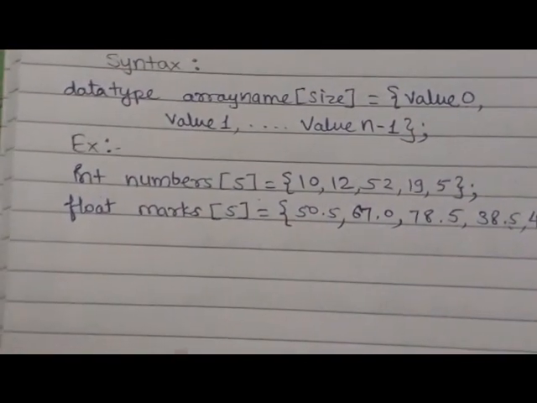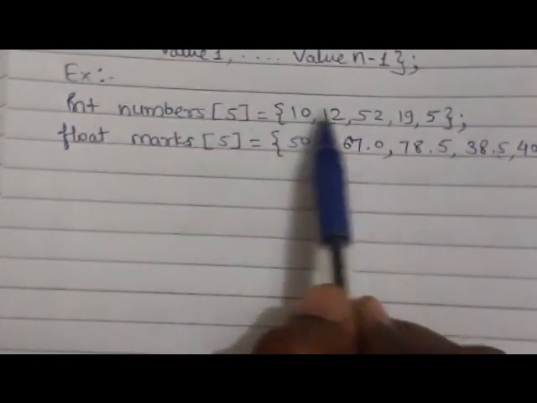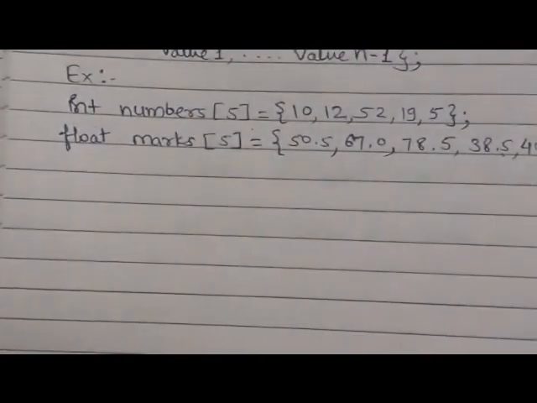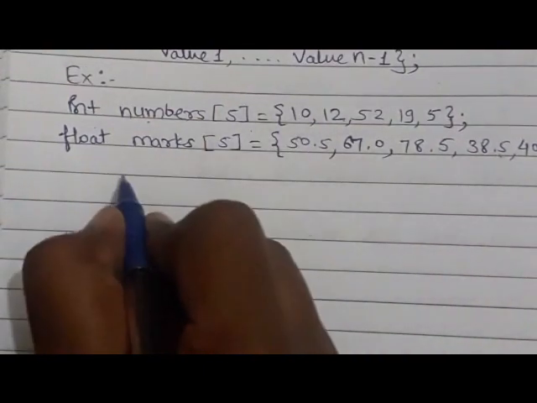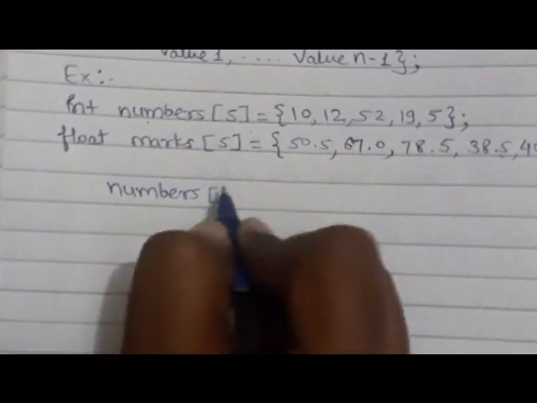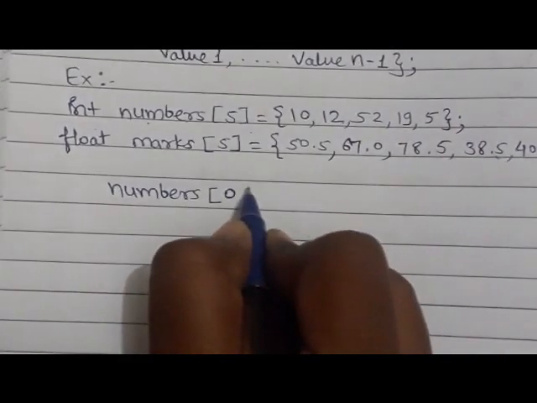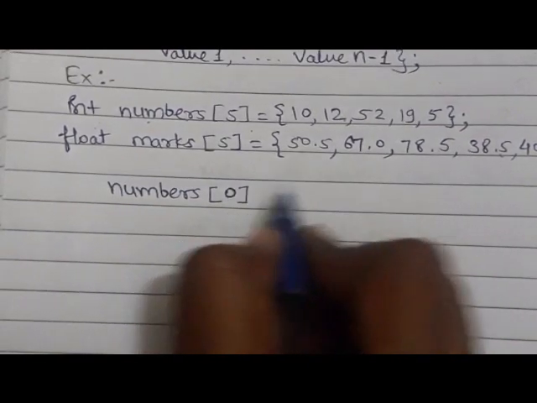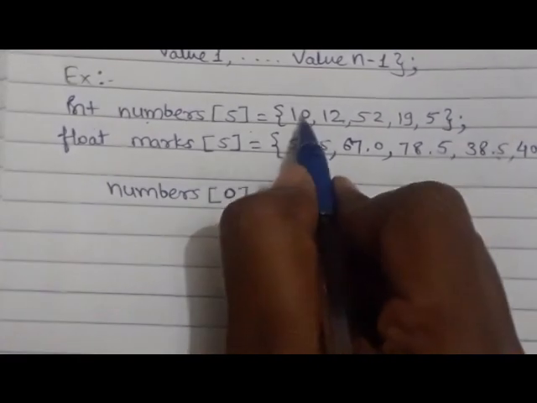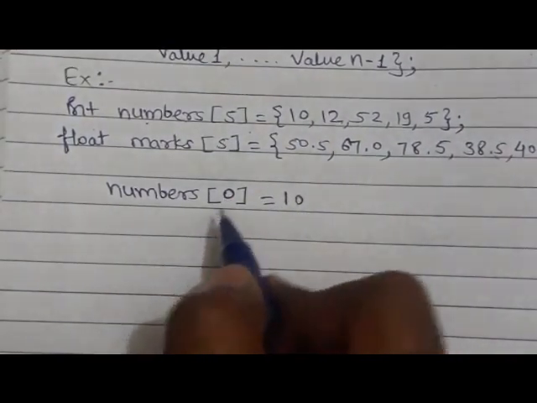Now when we initialize an array, for this example, numbers of 5. As we have seen, our first number is stored at the 0th index, or this index is also called a subscript. So the first number, 10, is stored at the 0th index.